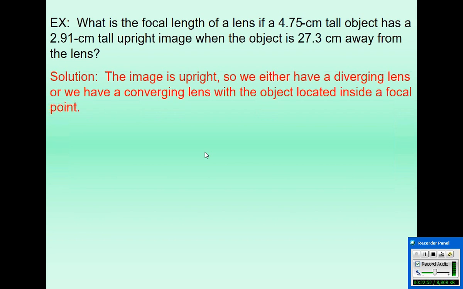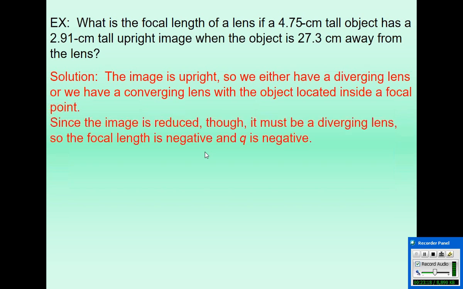Okay, let's start dissecting this. We have an image that is upright. Well, the diverging lens creates an upright image, but the converging lens can create an upright image. So we haven't been able yet to distinguish whether we have a converging lens or a diverging lens.